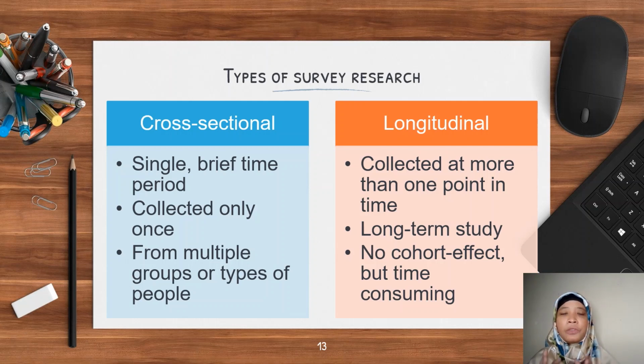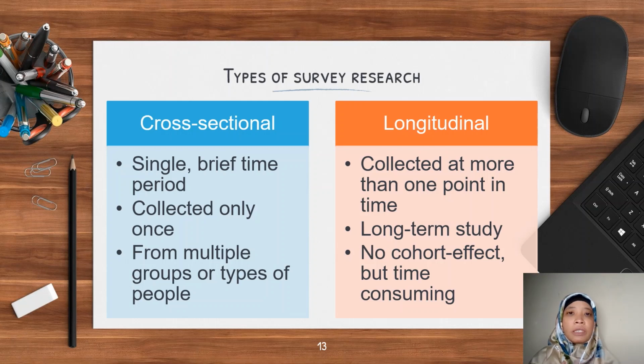So you're conducting research on the same participants, but across times. Cross-sectional data is collected only once, but longitudinal is kind of like long-term studies.